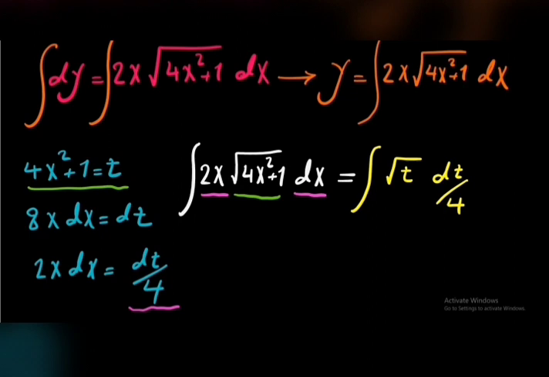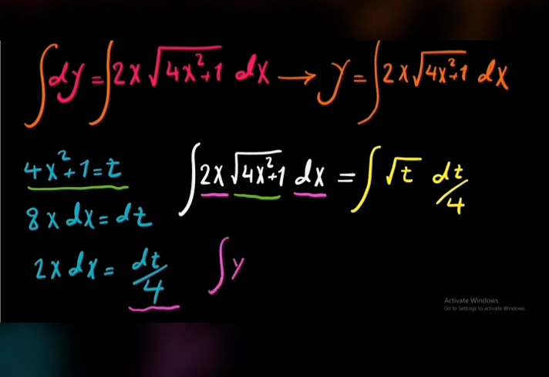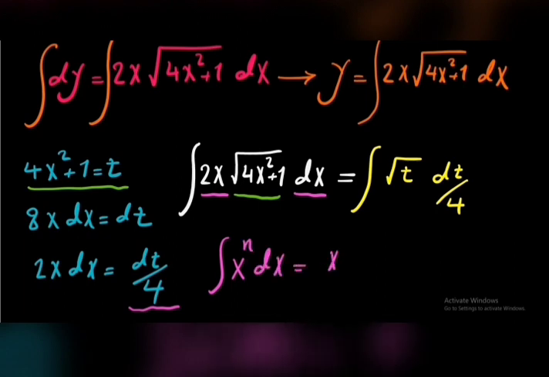But before I solve this, you know that the integral of x to the power of n dx equals x to the power of n plus 1 divided by n plus 1 plus c.